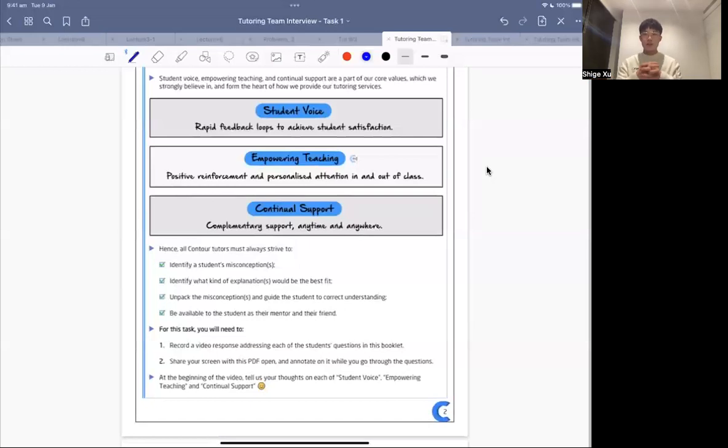We need to make sure the student is undergoing a very reinforced learning process that they can actually absorb. So not just a very general learning routine for everyone, but rather a personalized learning experience for each student.